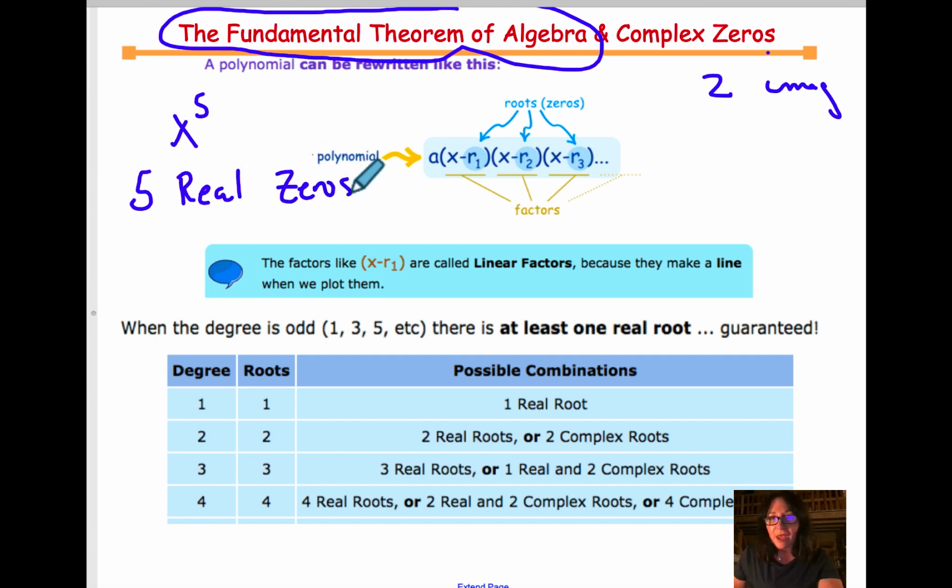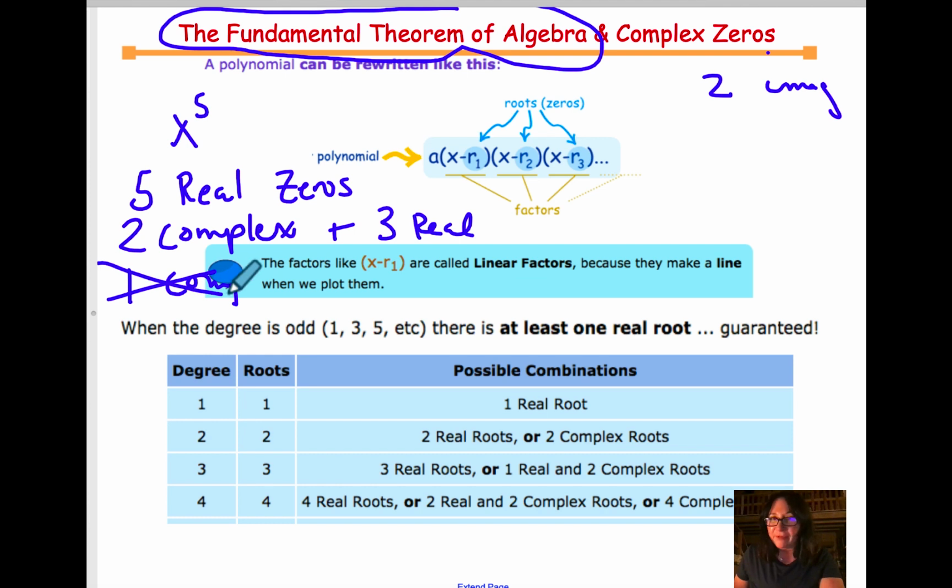I could do that. But at the same time, I could have 2 complex zeros or 2 imaginary zeros, and then that would make me plus 3 real zeros. But I cannot have 1 complex zero. The fundamental theorem of algebra states that you have to have 2, a pair of complex roots.